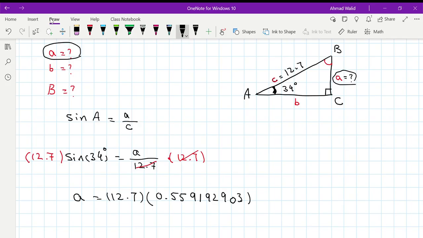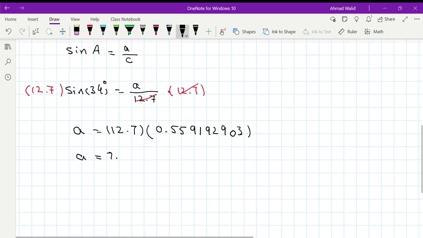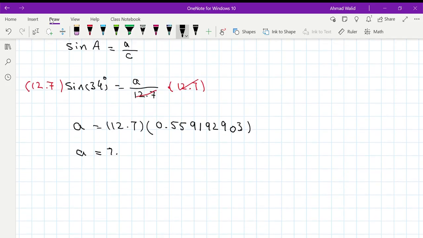Now you have the answer in your calculator. Just push the multiply sign and put 12.7. Enter. It gives you a equals 7.10174987.